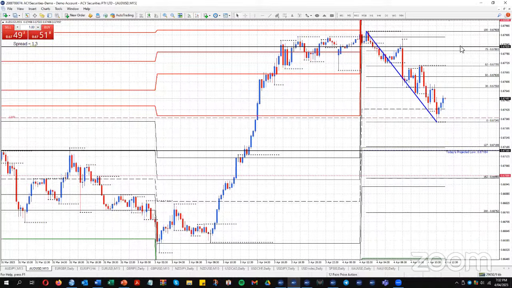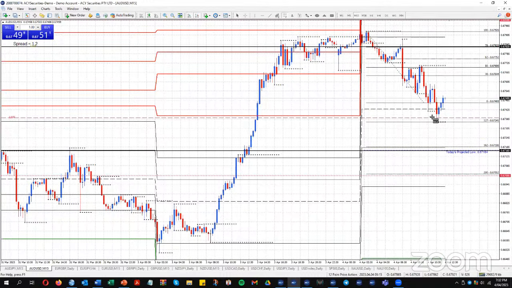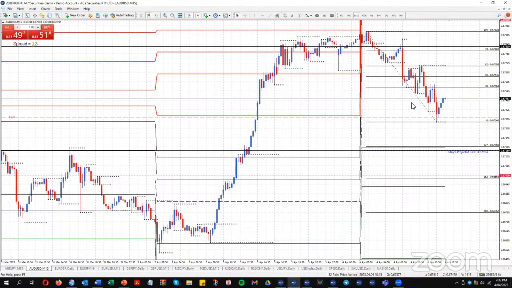Getting back up to there would fill the imbalance, and then what happens to the Aussie dollar? So anticipate that we will get some form of rally. Let me just get rid of that line. Just keep dragging this down. It keeps moving down, and I'm going to be watching to see if we can maybe get a 79% rally that can line up with some day chart resistance, and then start to see it turn over.